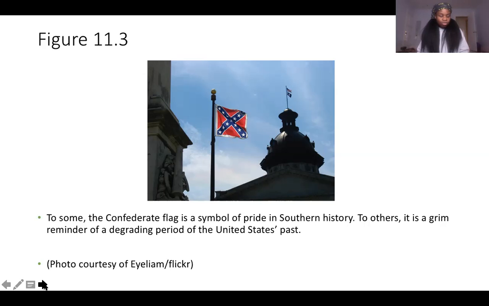This flag, the red, white, and blue, for many is a symbol of patriotism, of pride. And to others, a reminder of not just the United States' past, but also today. And it's not so hot for a lot of us.